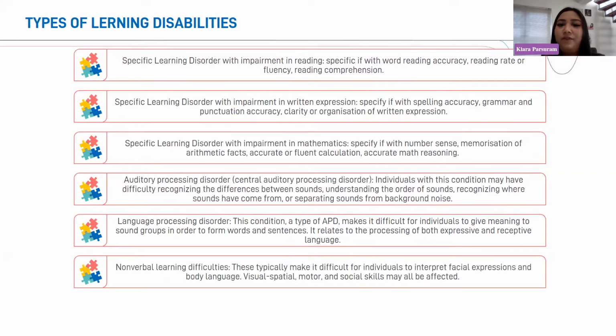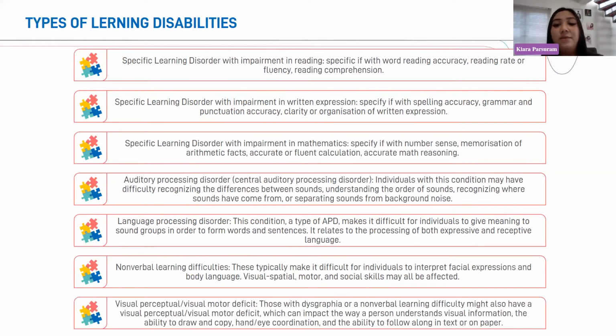This type of deficit can affect a person's understanding of visual information, their ability to draw and copy, hand-eye coordination, and their ability to follow along with text on paper. People who have dysgraphia or a nonverbal learning disability may also have this type of impairment.